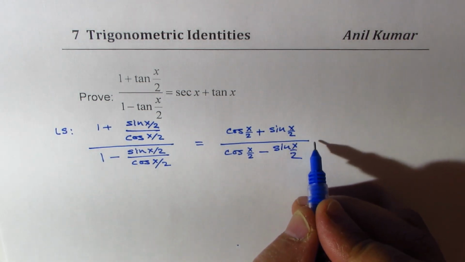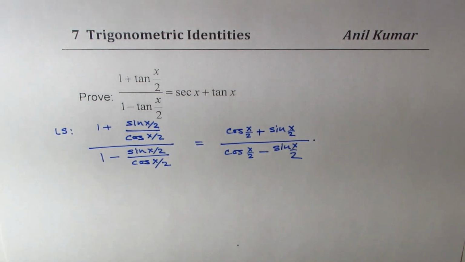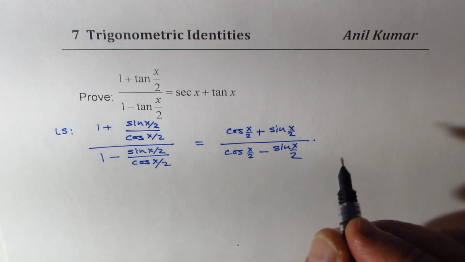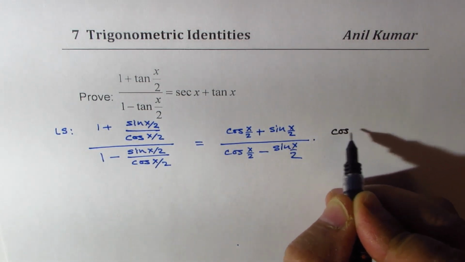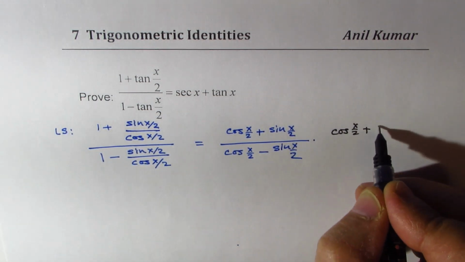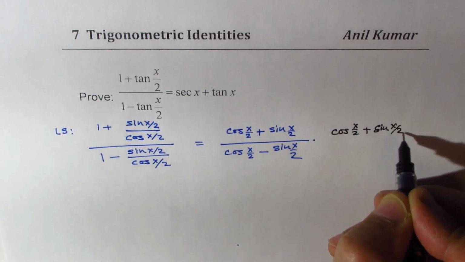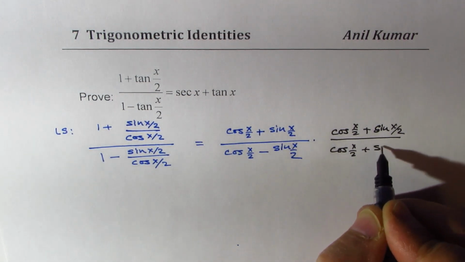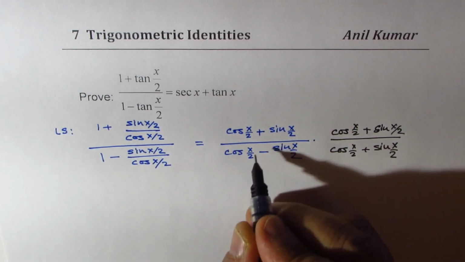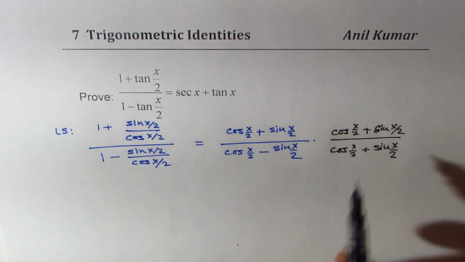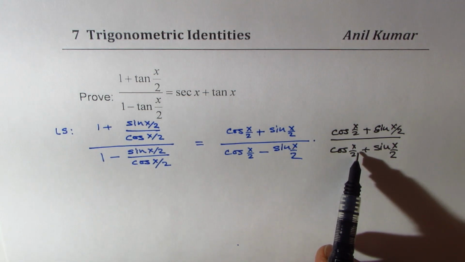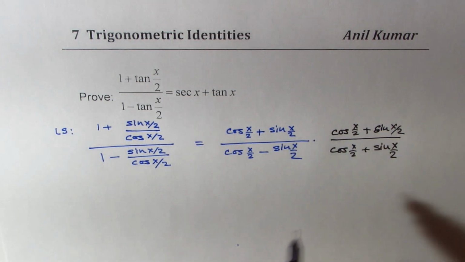Perfect. Now what we could do is rationalize this. So we are going to multiply and divide by the conjugate of the denominator, right? So we will do now cos x by 2 plus sine x by 2 divided by cos x by 2 plus sine x by 2. So we just multiplied this by 1 basically. When you do that, you get a difference of squares in the denominator and a perfect square in the numerator.